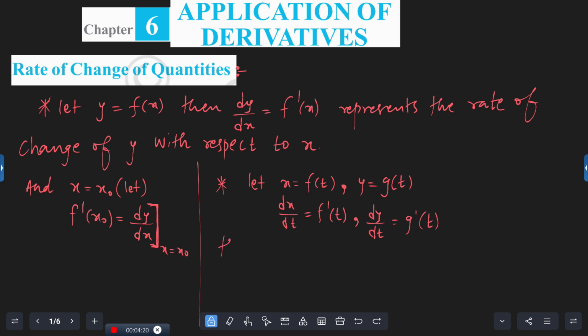Then to find dy by dx, as we used in the 5th chapter, dy divided by dt whole divided by dx divided by dt, or simply g dash of t divided by f dash of t. This is by using chain rule. Understand? Or else directly you can also do it, fine.